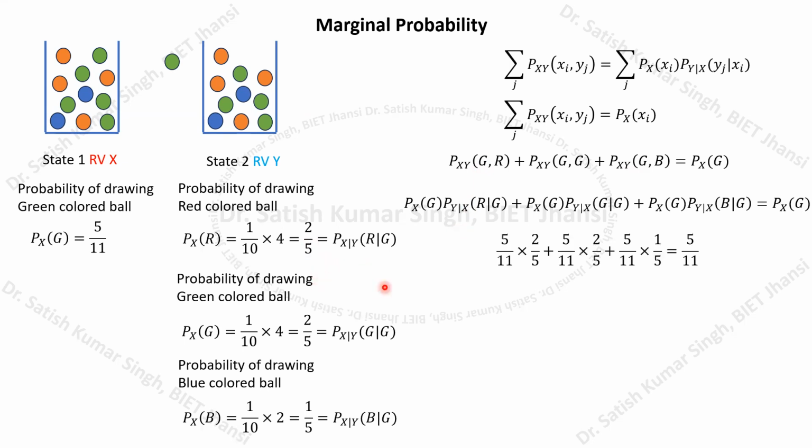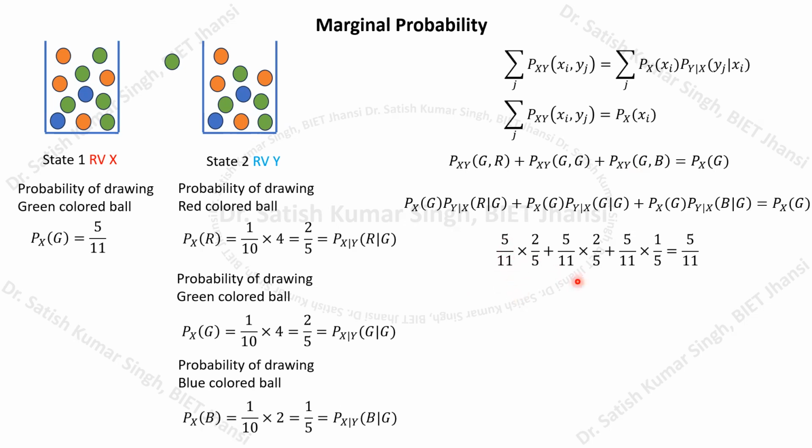What is the probability p_x(g)? That probability is 5 by 11, and p_y|x, that is R given G, this probability is 2 by 5. So I have substituted all these values so that you can check it here.